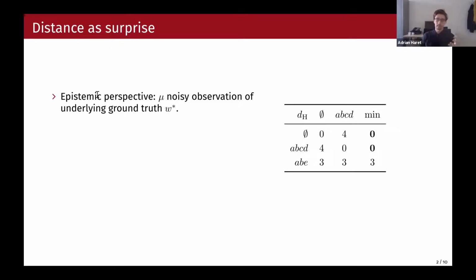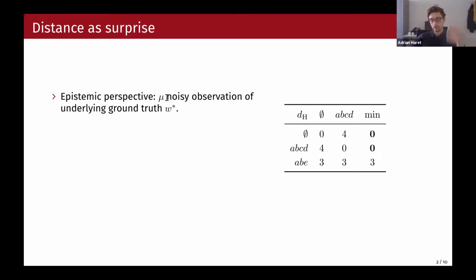So on the contrary, I think it makes sense to think that by revision, you learn something about an external reality. There is a notion of an underlying ground truth state, W star, which is the true state of the world somewhere out there. And the new information, mu, is a formula that encodes some kind of noisy observation of this underlying ground truth.